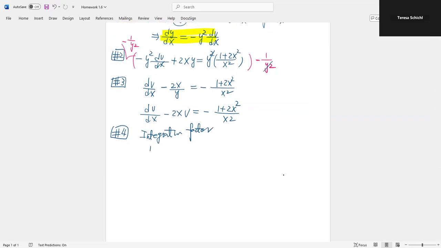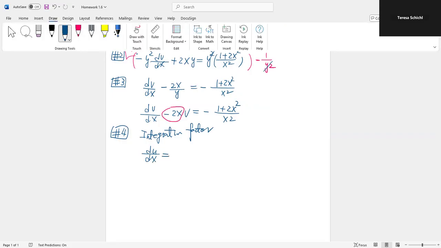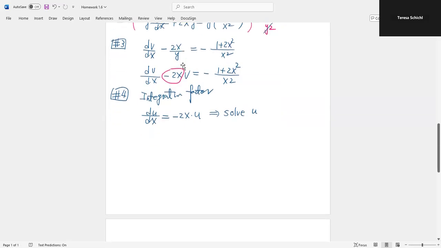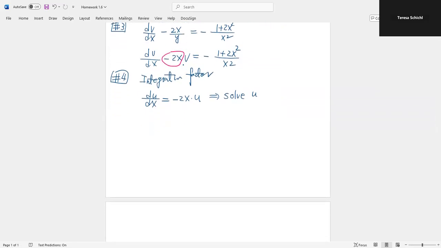So we say du/dx is equal to this, my new p(x), so it will be negative 2x times u. Then I want to solve for u, and I can do the separation technique because it's pretty straightforward.